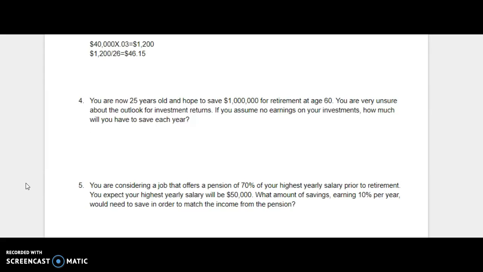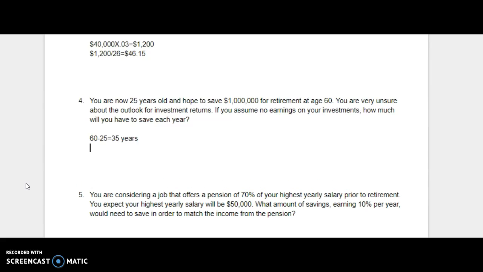So let's figure out how long we have to save for our $1 million for retirement. So we want to retire at 60, and we are 25 years old now. So we're going to subtract those out, 60 minus 25. So we know we've got 35 years to reach our goal of $1 million before retirement.